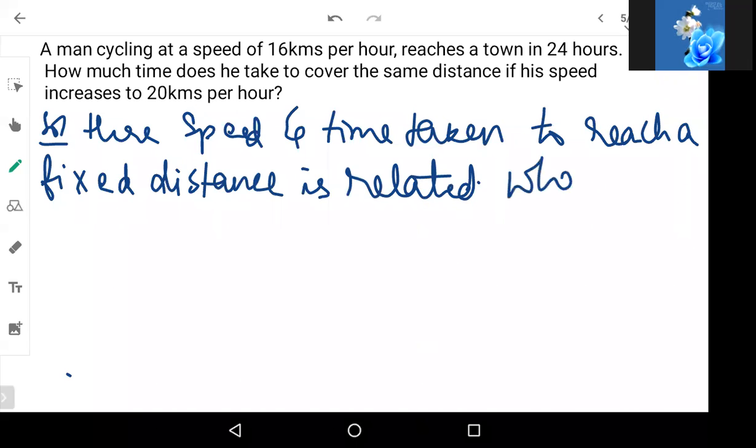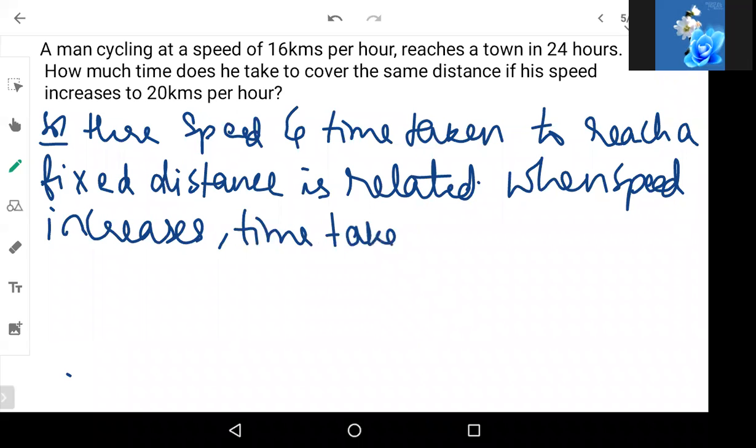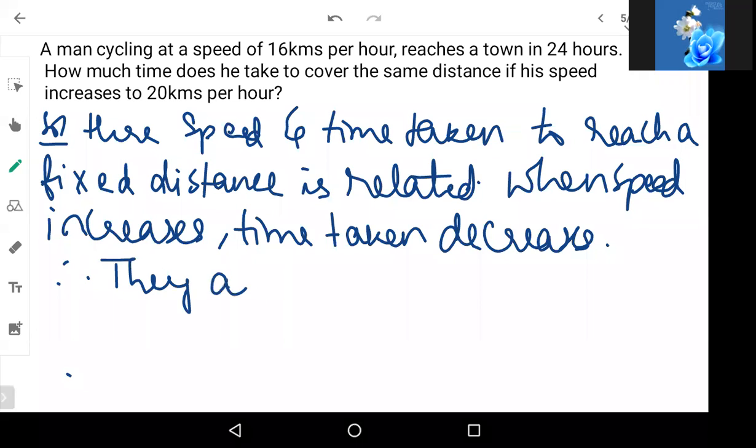When speed increases, time taken will decrease. Therefore, they are in inverse proportion.